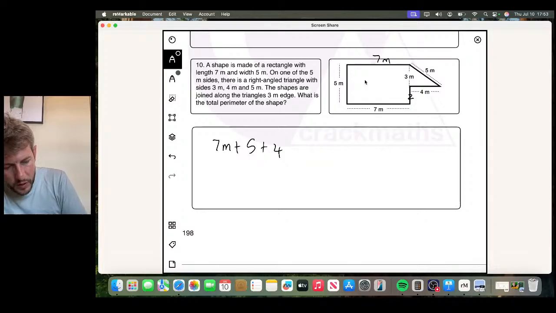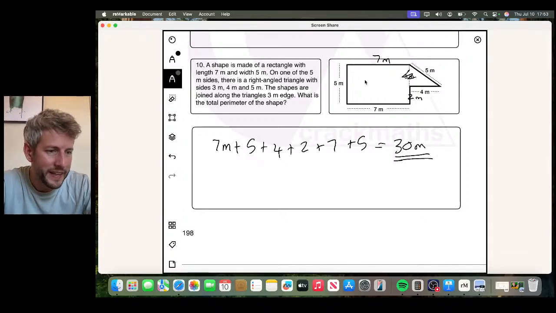So we've done the 4, so now we can forget about the 3. Then we've got to add the 2, add the 7, add the 5, and this will take us back to the 7. So 7 add 5 is 12, add 2 is 14, 18, 25, 30. So this should equal 30 meters.